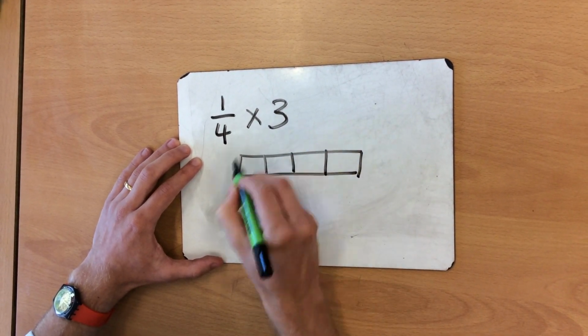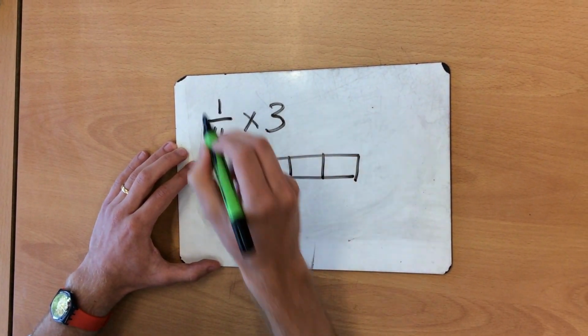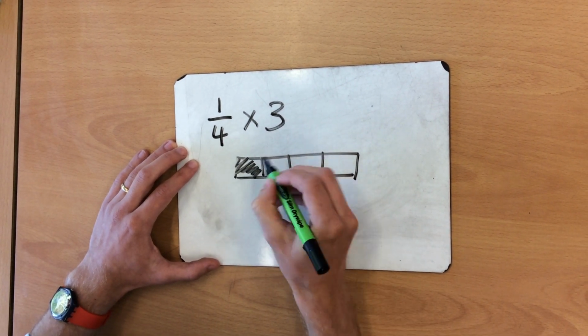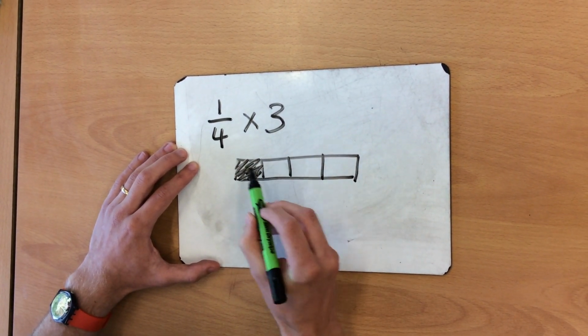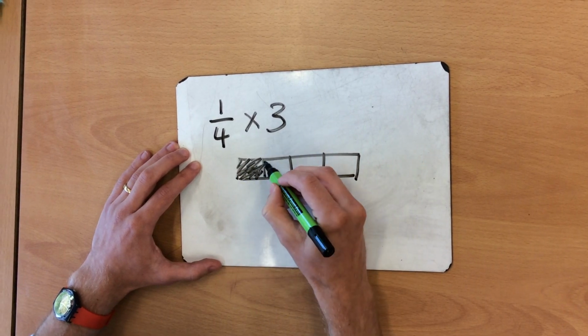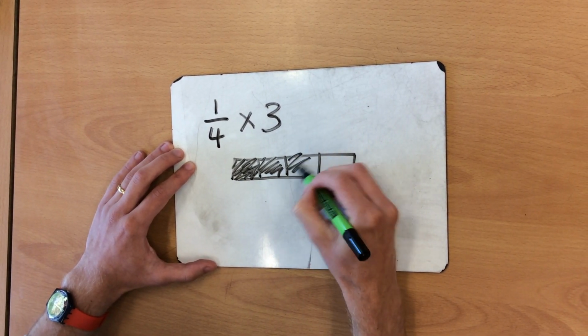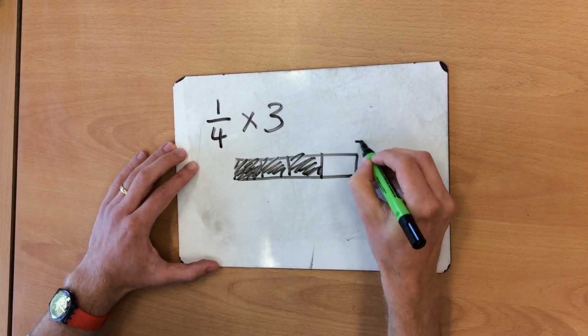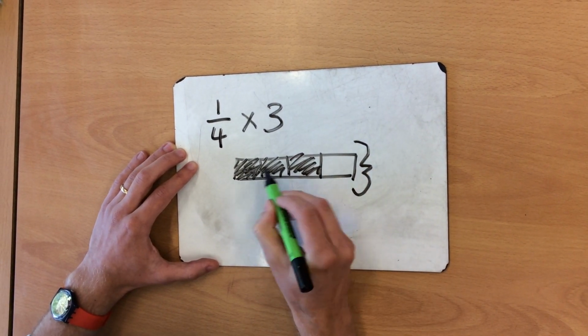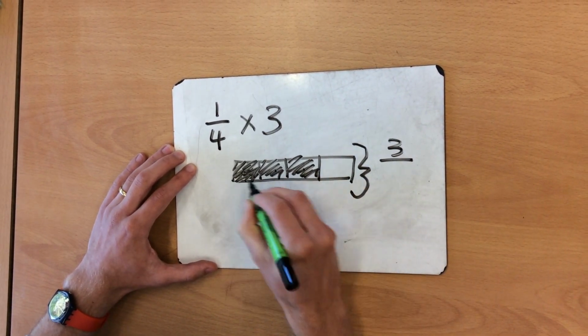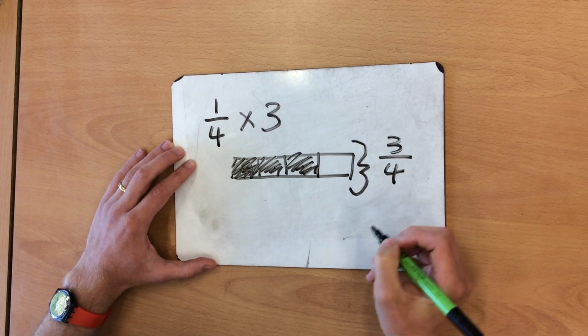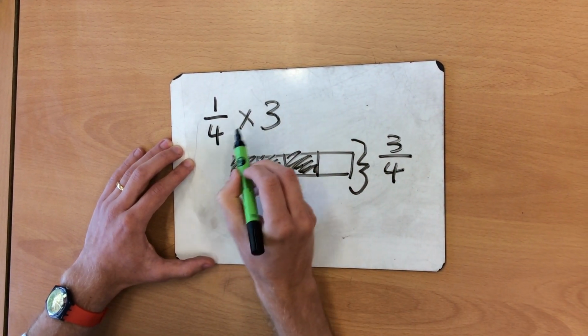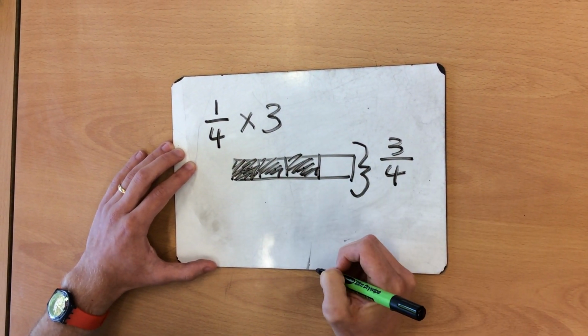And I have 1 as my numerator, so I'm going to shade in 1. But I've got 3 lots of them. 3 lots of 1/4. So there's 1 lot, 2, 3. So my total is 1, 2, 3 as my numerator, 4 as my denominator. The answer is 3/4. So 1/4 multiplied by 3 is the same as 3/4.